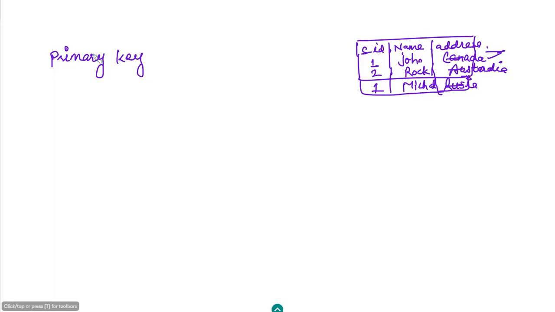We are having two records with the same ID. This name John and Michael have the same ID, right? If I give a condition on the basis of this ID, I'll access these two names, but Michael does not belong to Canada, right?